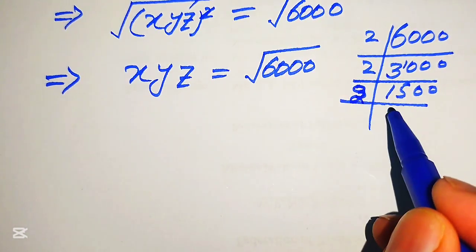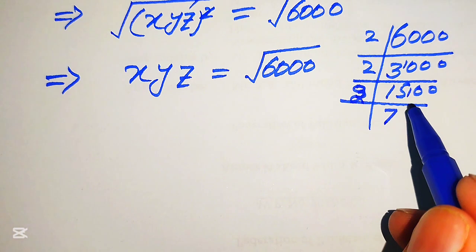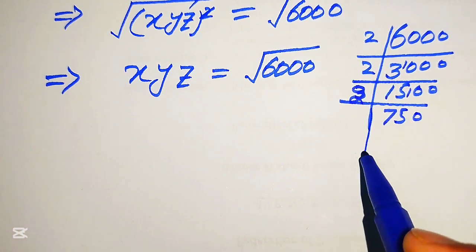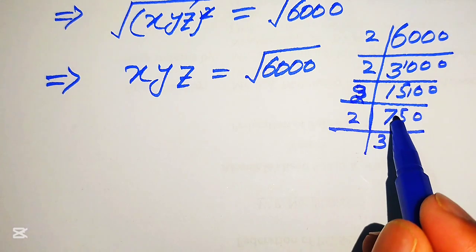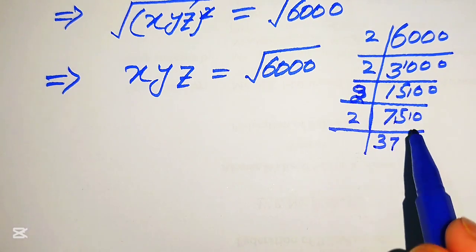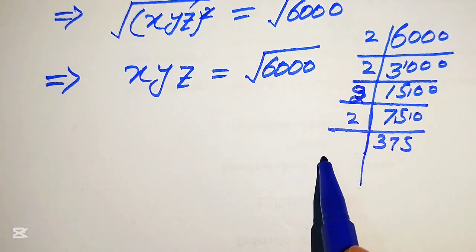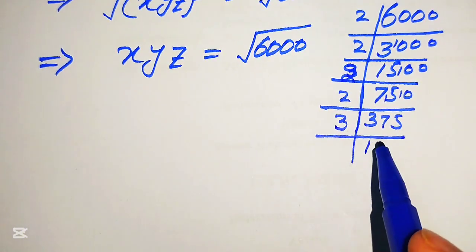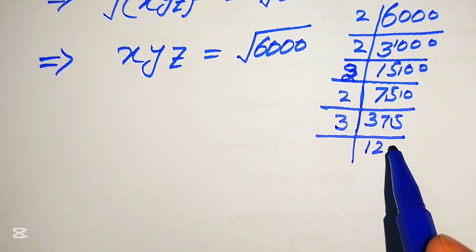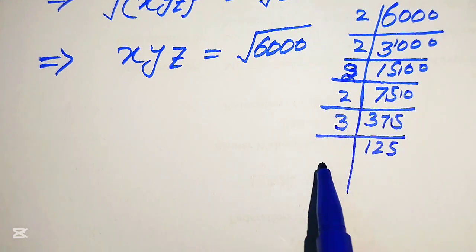We divide it by 2, 2 7s are 14, we carry 1, 2 5s are 10 and 0. Again we divide it by 2, 2 3s are 6, carry 1, 2 7s are 14, carry 1, 2 5s are 10. And now we divide it by 3. So 3 1s are 3, 3 2s are 6 and 3 5s are 15.